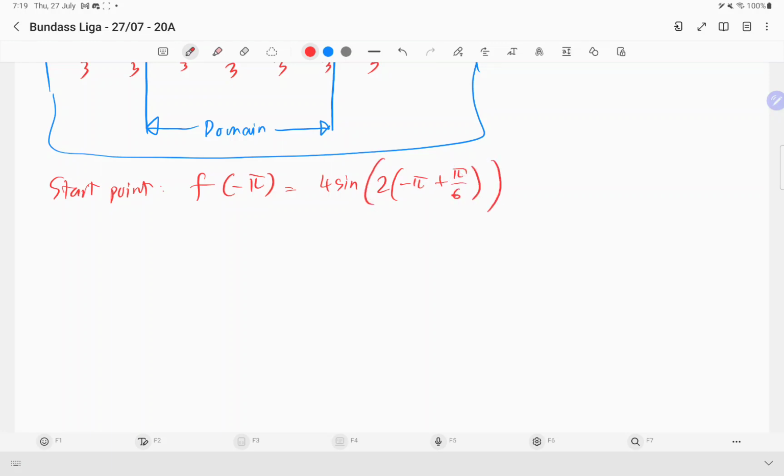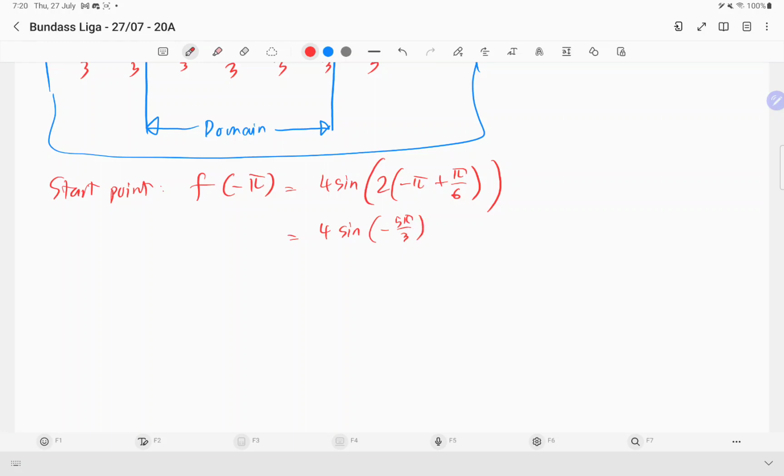Okay, so this would be the start point. So 4 sine, and then I will resolve these. That will be negative 6 pi plus pi, which is negative 5 pi on 6, so that will be negative 5 pi on 3.